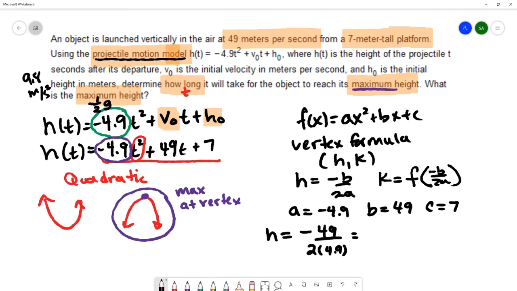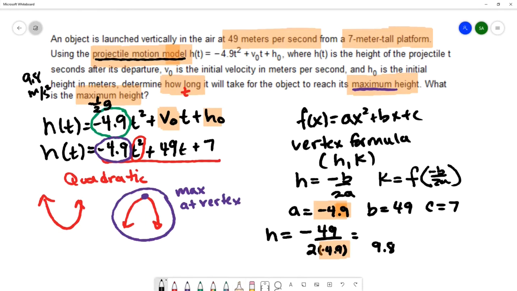Let me get my calculator out. 2 times 4.9 is 9.8, and I've made a mistake here and I just want to correct it. I plugged in 4.9 as a, but it's a negative 4.9.